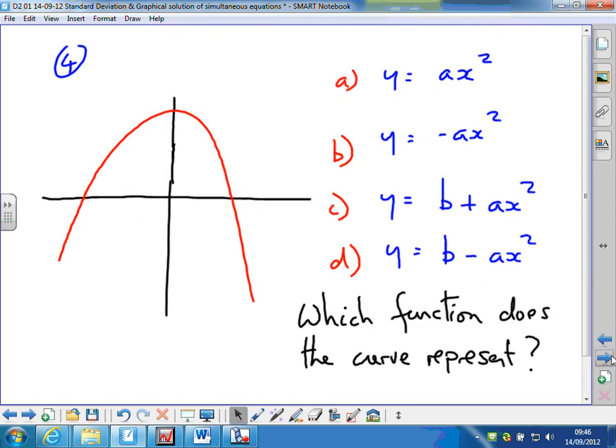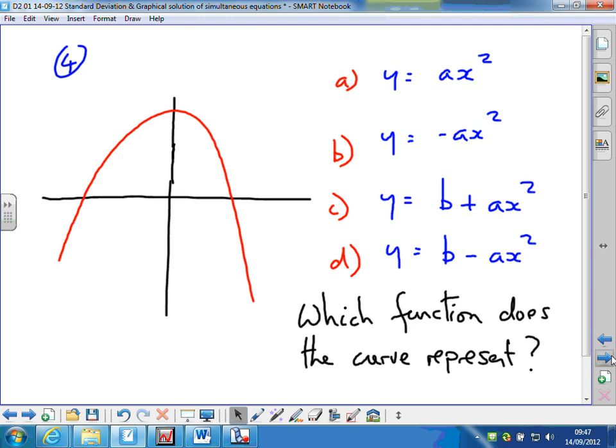Last question. If I were to put into Autograph that function, y equals ax squared, what would I expect to see? Right, and what shape would the curve be?